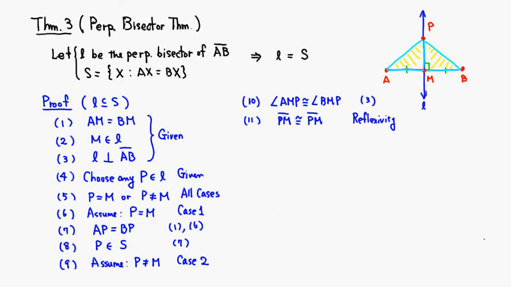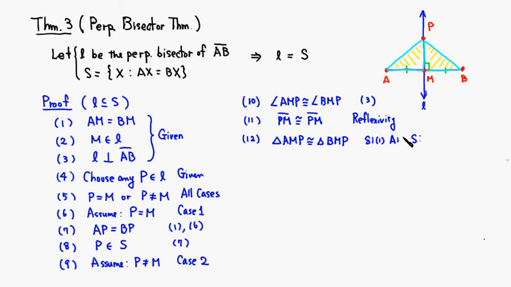Then we can establish the congruence between this triangle right there and that triangle right there. So 12: we know that triangle AMP is congruent to triangle BMP, because of side-angle-side. Side: AM equals BM, which is from line number 1.